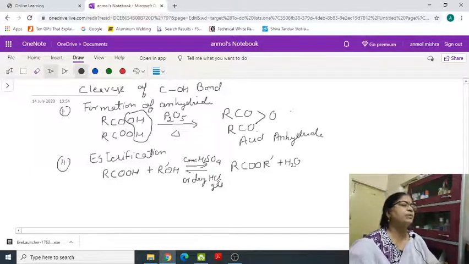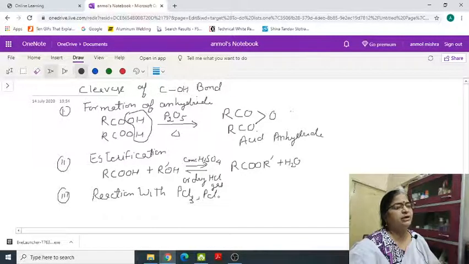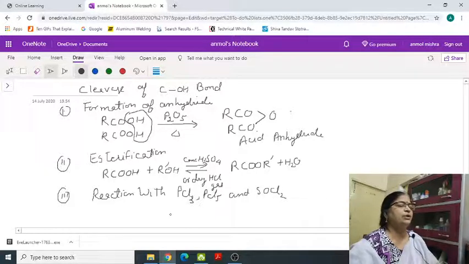Next is reaction with PCl3, PCl5 and SOCl2, thionyl chloride.